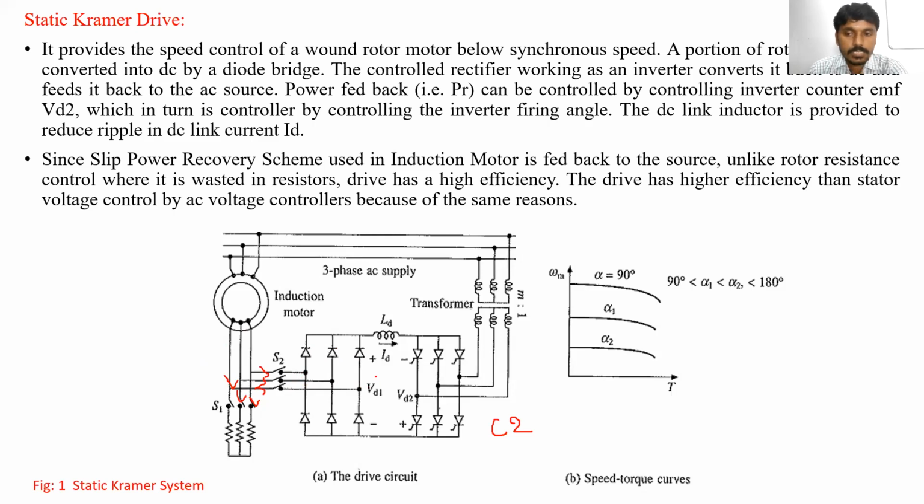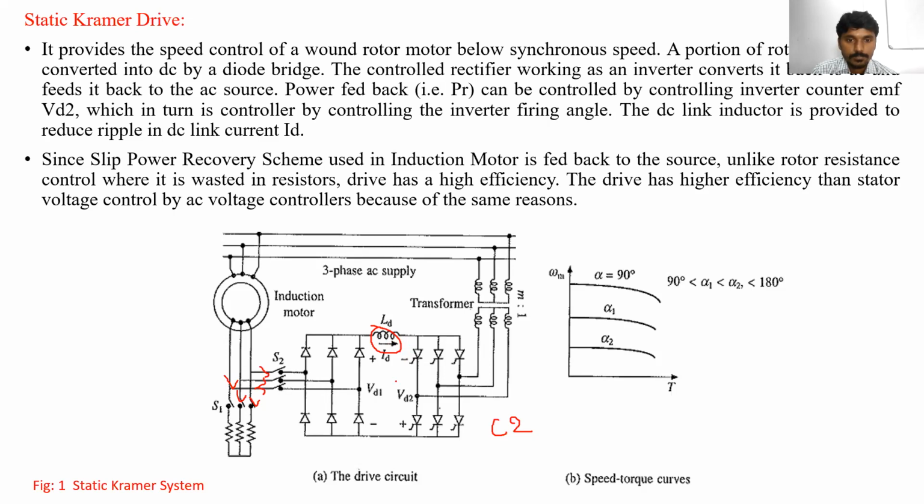If there are ripples present in this DC current, those ripples can be reduced by using an inductor connected in series with the DC link circuit. This is called the DC link inductor, represented by ID, and it makes the current constant.